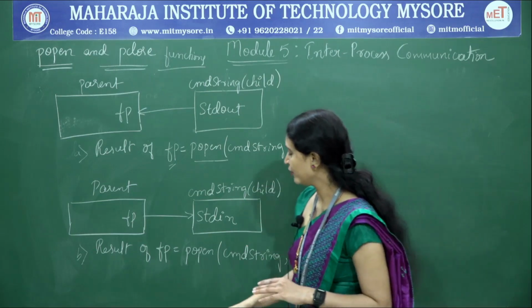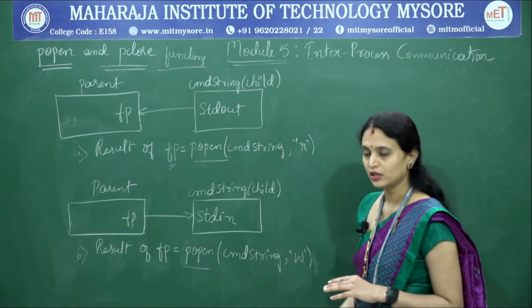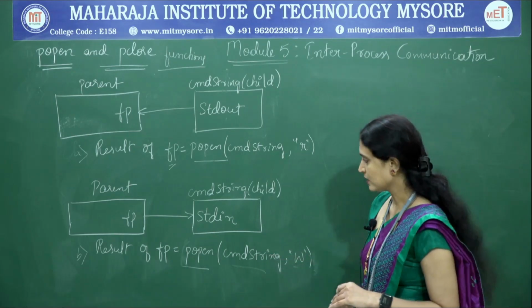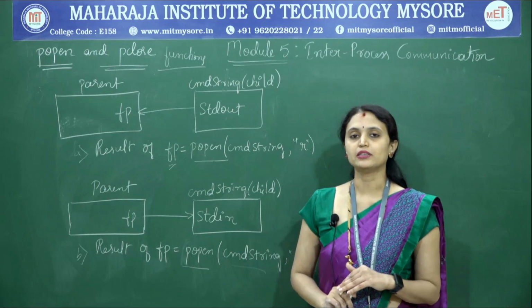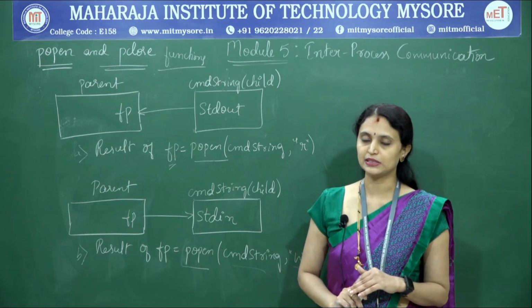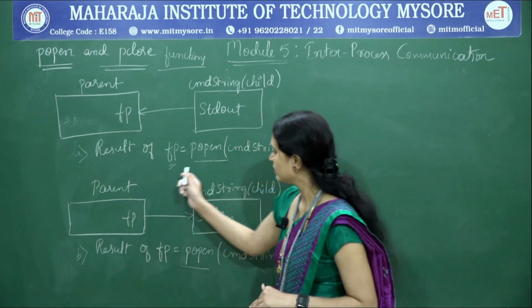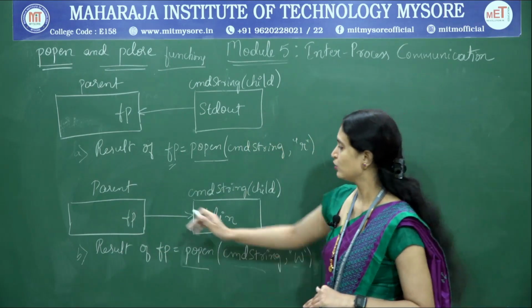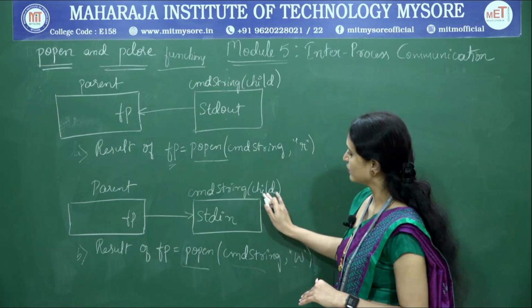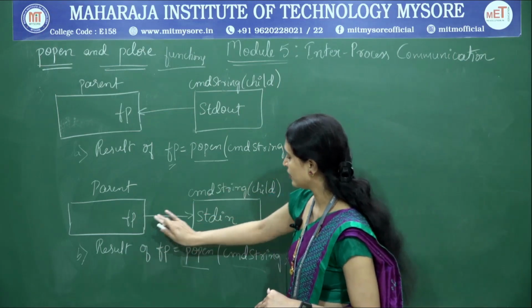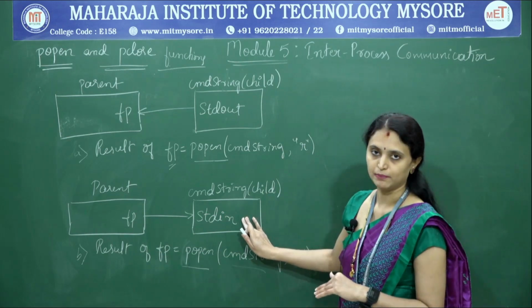Next, if we have used popen with command string comma W, in that case the file pointer will be connected to stdin, that means the standard input. The same is represented in this diagram. So parent and then the child, where the command string refers to the child process here, and the file pointer will be connected to the standard input.